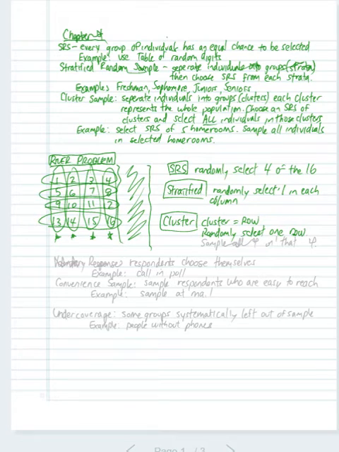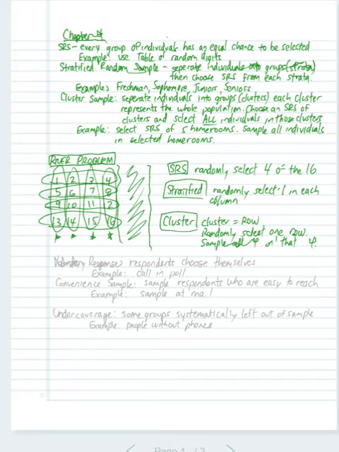And then within that row, we would sample all 4 in that row. So anytime you're having trouble differentiating between those 3 different types of sampling, try to think back to the river problem and what we did on that problem.